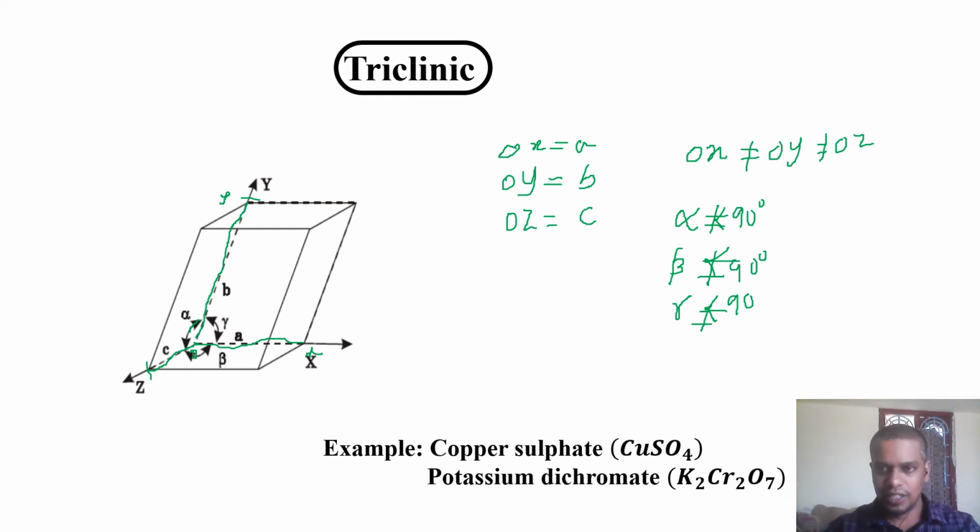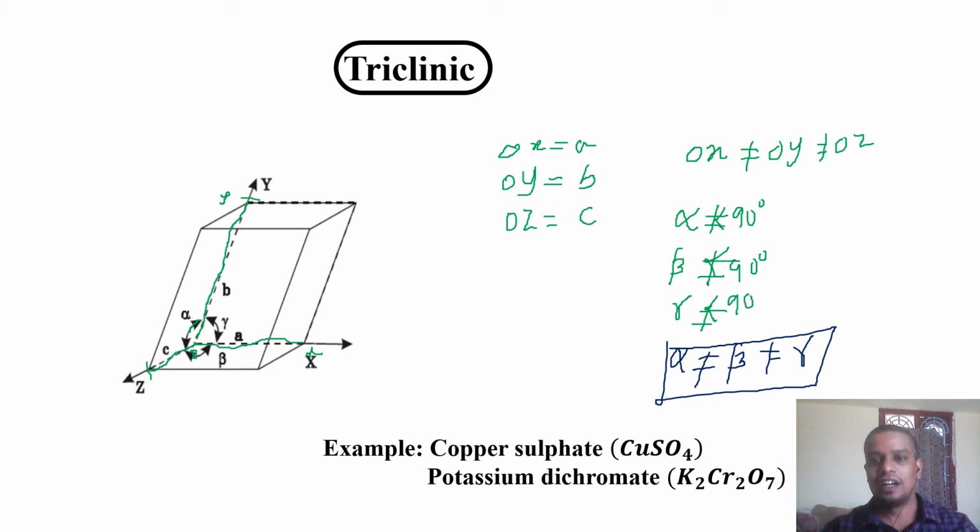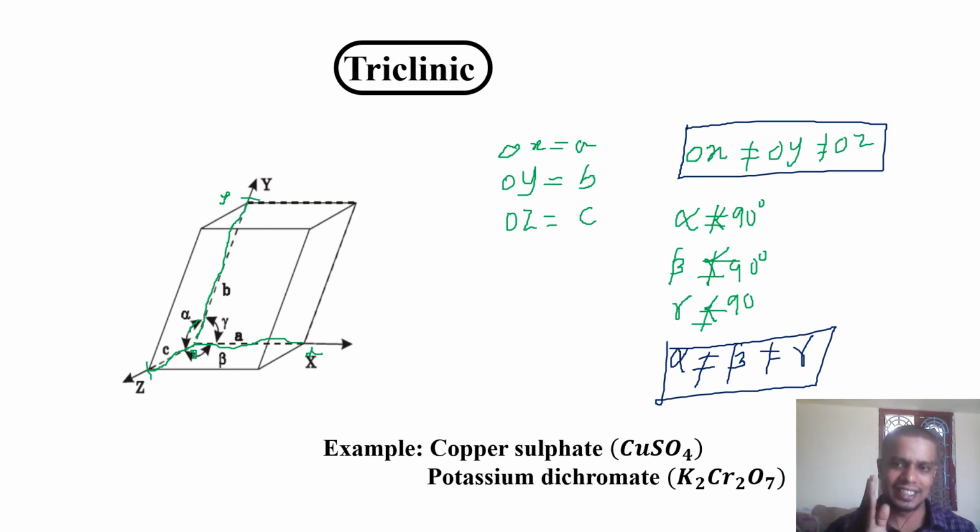So alpha is not equal to beta is not equal to gamma. If a given crystal system satisfies the condition that the three interfacial angles are not equal, and the three intercepts are also not equal (here we are not defining lattice parameters, we are defining intercepts), then we can call it a triclinic crystal system.